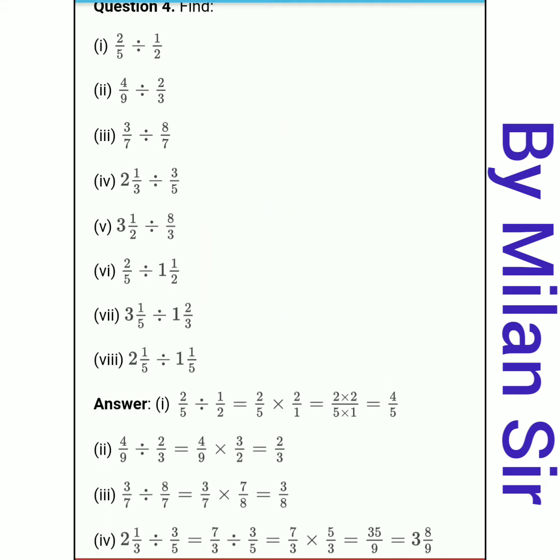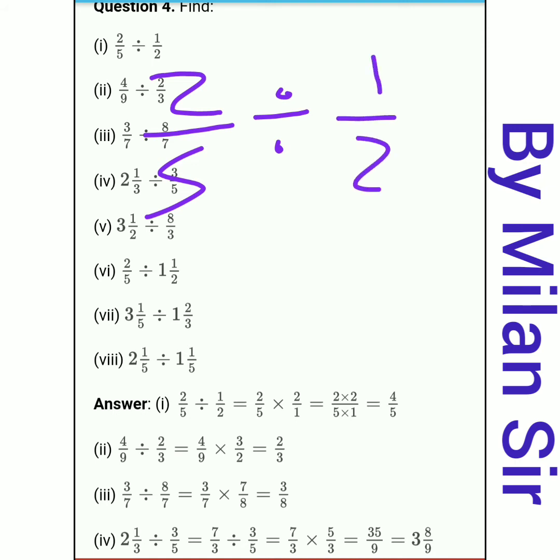Then question number 4. So let's start with question number 1. Question number 1 is 2 by 5 divided by 1 by 2, right? So what we need to do, our first number remains as it is, 2 by 5.